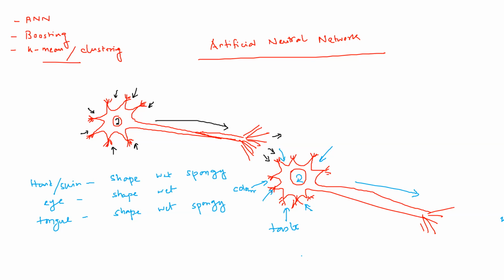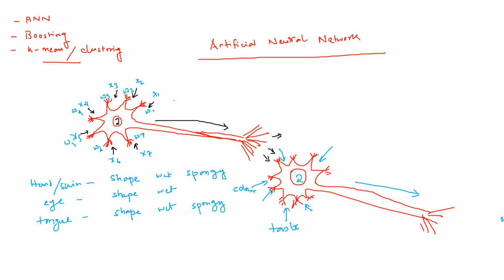So what I mean to say is that there are inputs x1, x2, x3, x4, x5, x6, and x7. If these are the inputs, then there are weights also: W1, W2, W3, W4, W5, W6, and W7.